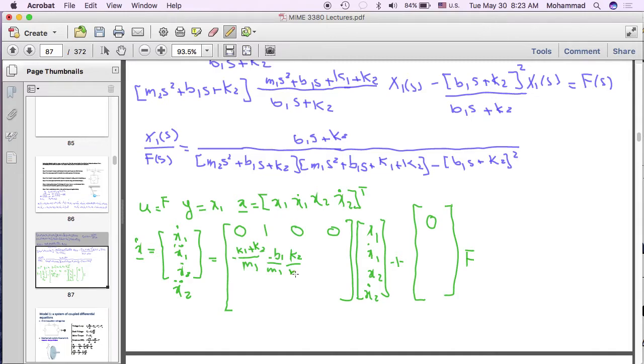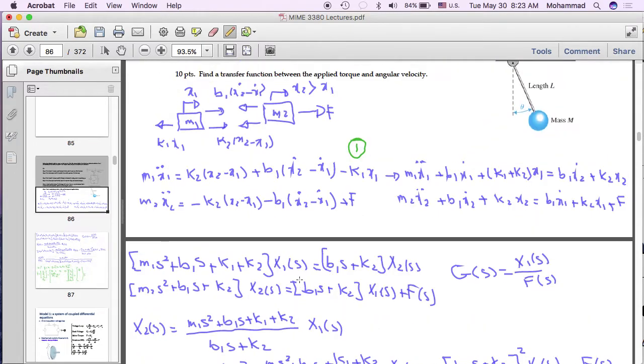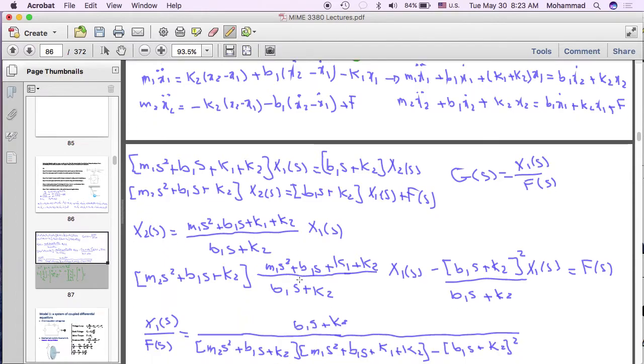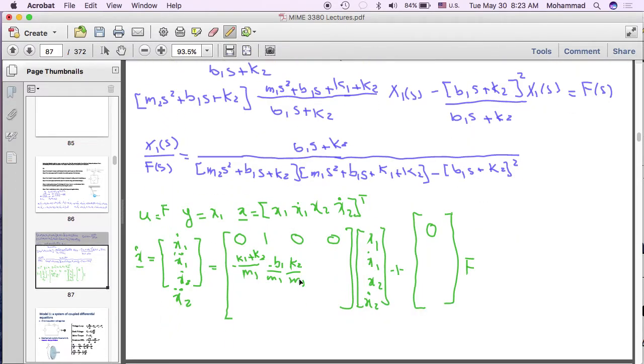And the last element is what is multiplied by x2 dot, and it seems to be b1 with a positive sign, again divided by m1. So b1 divided by m1. So we got the 4 elements of the second row. So the second row of matrix A is now clear.